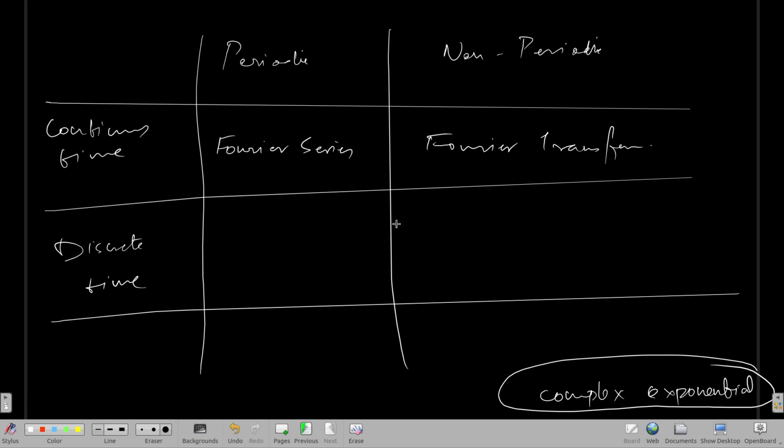Right. When Fourier invented this, he was not trying to represent signals as complex exponentials. His motivations were different. It had to do with differential equations and heat equations and such.